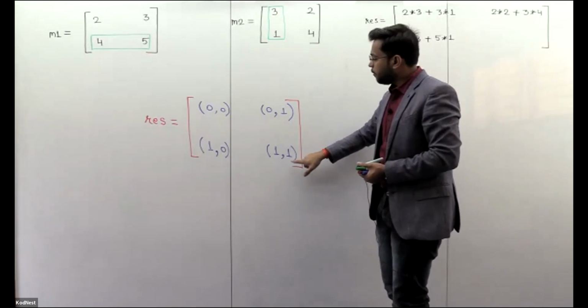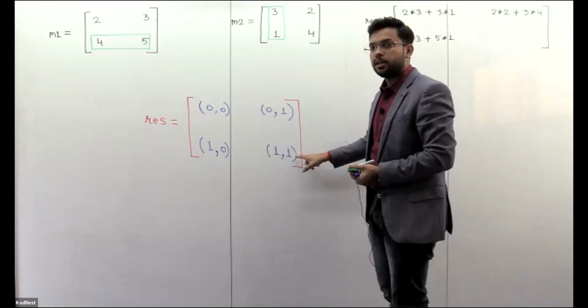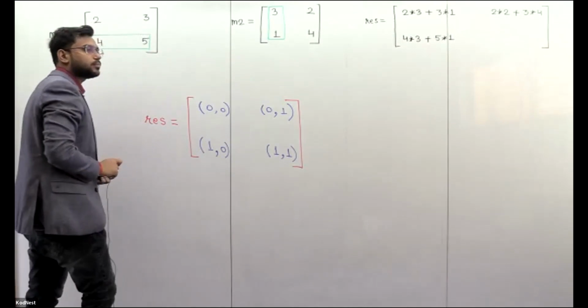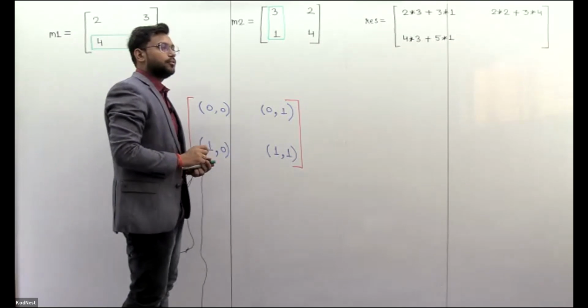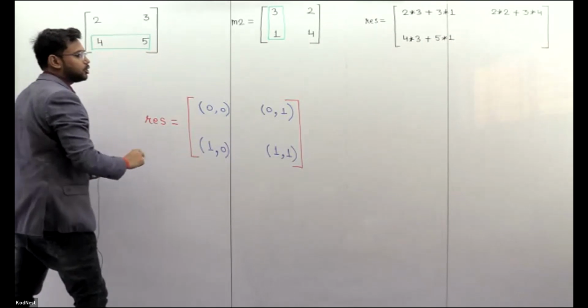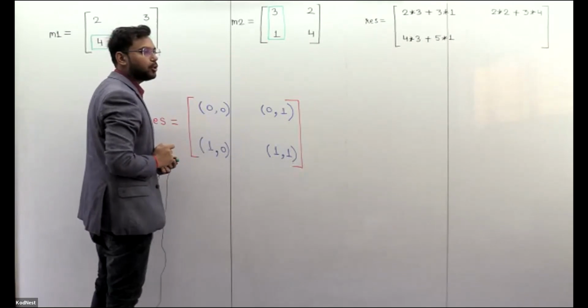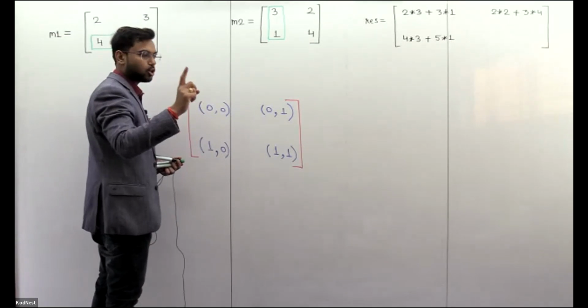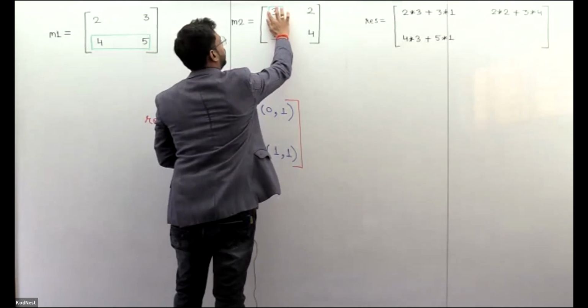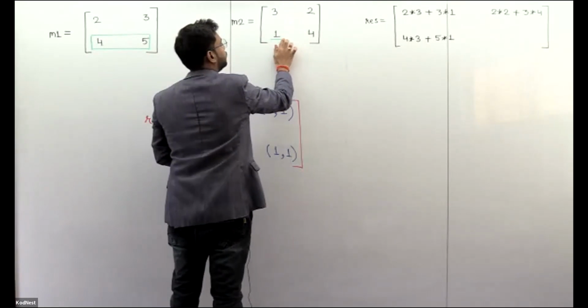Next, I have to find this particular element. Which row I should consider in M1? First row I should consider. Very good. Which column I have to consider in M2? First column I have to consider. First row, first column. So now let us consider the first column.